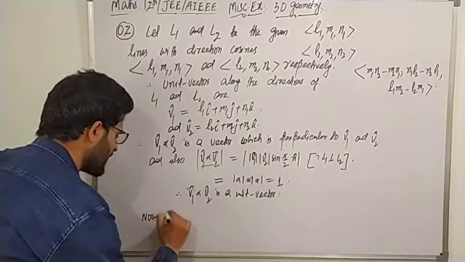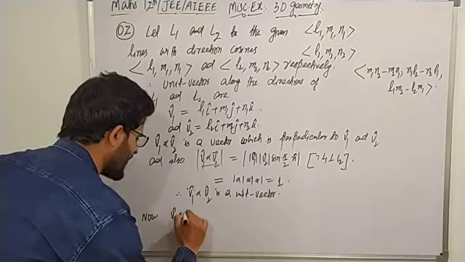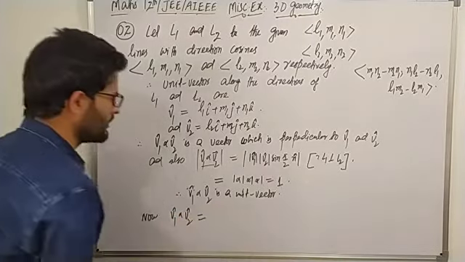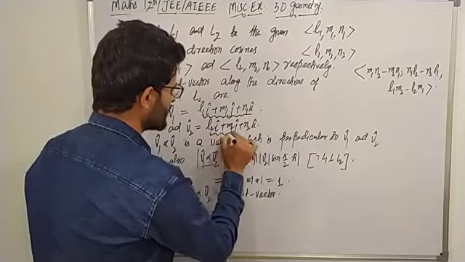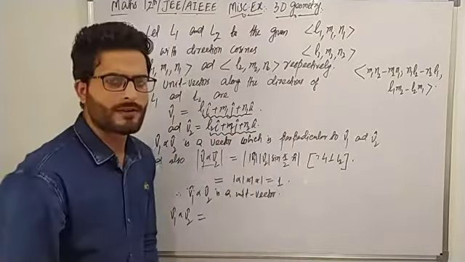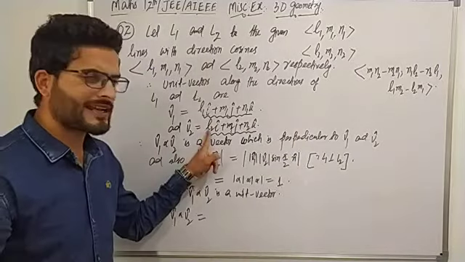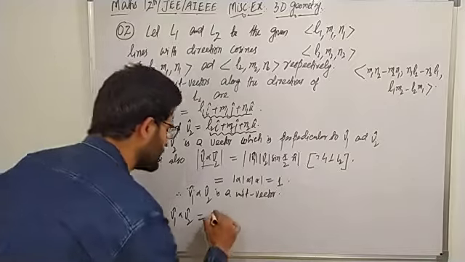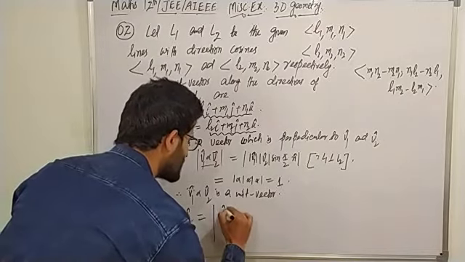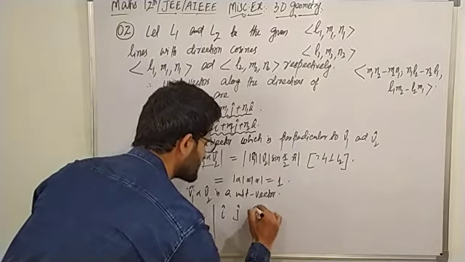we are now going to calculate V1 cap cross V2 cap, and that's equal. V1 cap is a vector expressed in terms of components. V2 cap is a vector again expressed in terms of components. When two vectors are expressed in terms of their components, then their cross product is directly equal to determinant of I, J, K in the first row.